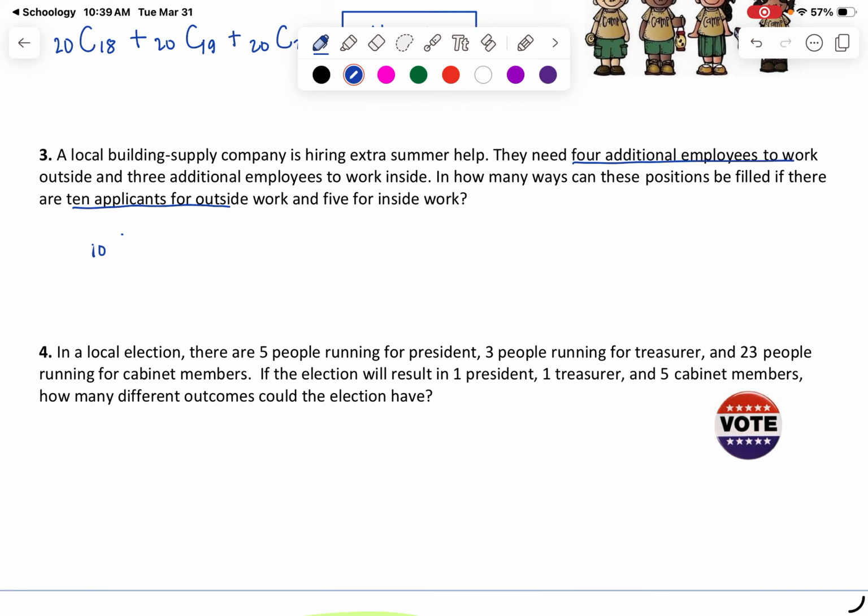The order doesn't matter in how they're choosing these. And they have 5 different applicants to work inside, and they are choosing 3. Pop that into my calculator, and you got 2,100 different ways that they can choose these applicants.